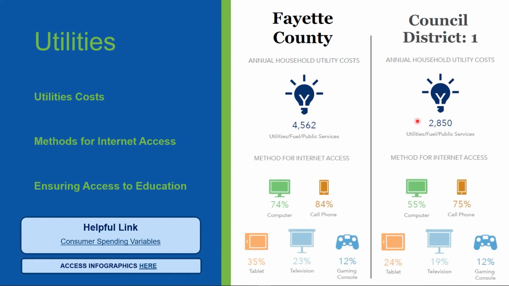Okay, methods for internet access are also really interesting. Let's just focus on via computer. So in Fayette County, 74% of the population accesses internet via a computer, compared to only 55% in District 1. So this is really important right now, especially when we consider how to ensure access for education.